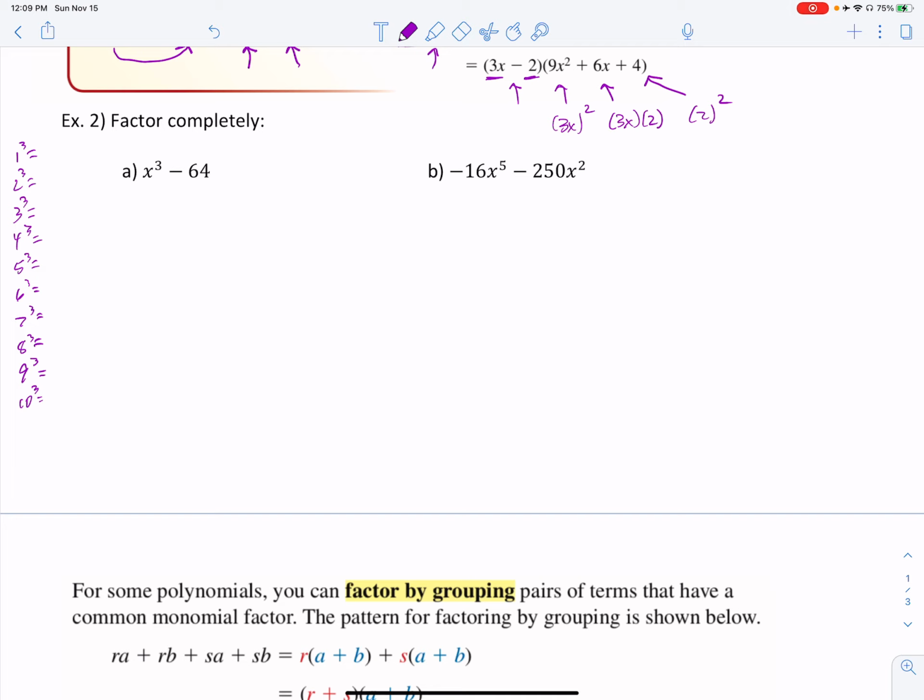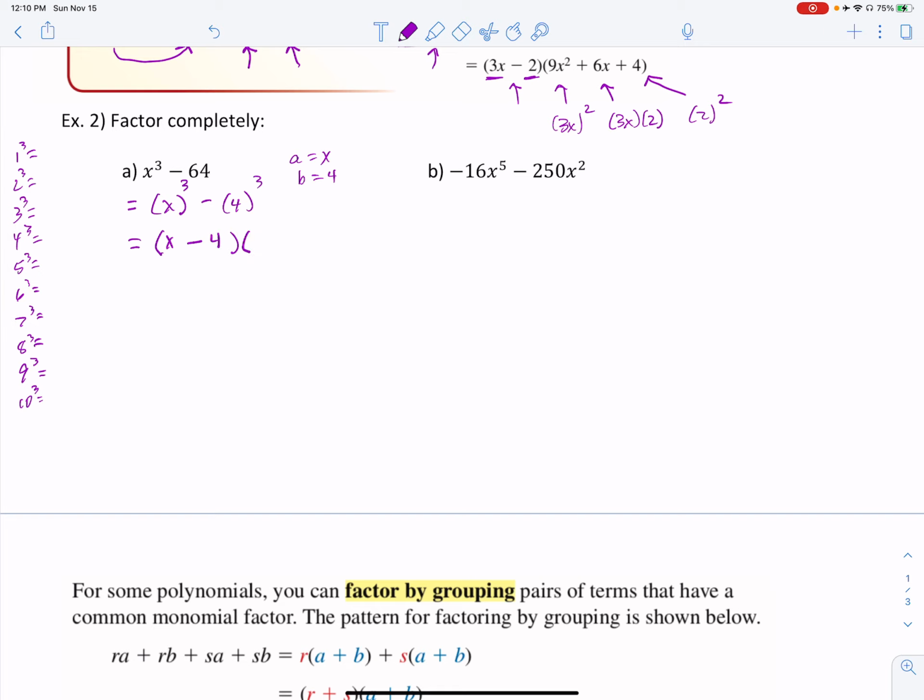And so I can write the problem down is what you need to do, drop down a line, and then this is x being cubed minus 4 being cubed. So my a term is x and my b term is 4. And so this factors into the binomial with a subtraction because it matches the difference sign, the subtraction. And the cube root of x cubed is x, the cube root of 64 is 4.